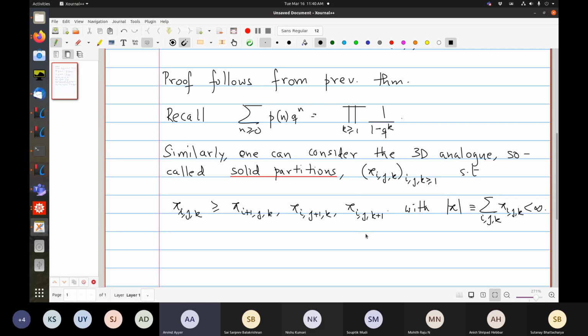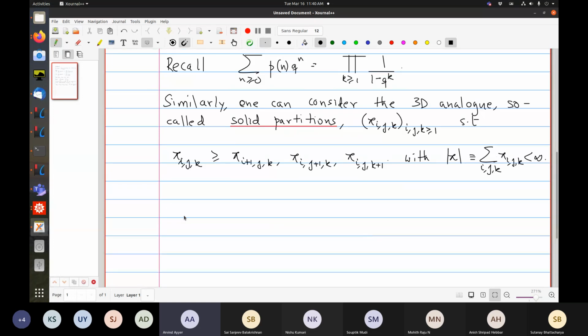So you can take the generating function of this. In analogy, if I call it PPP(n), the number of solid partitions of n, you want the generating function of PPP(n).